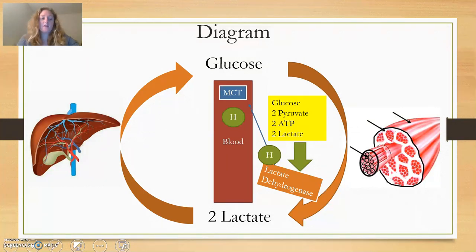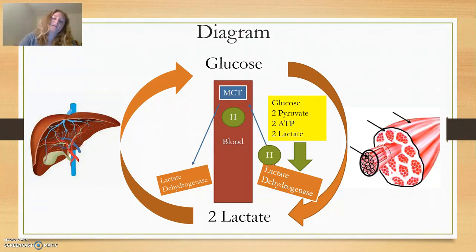Then, in order to get to the liver, we go through the MCT transport, which goes back to lactate dehydrogenase. The steps literally go backwards. We go into the gluconeogenesis side of it because we're recycling the lactate and turning it back into glucose.